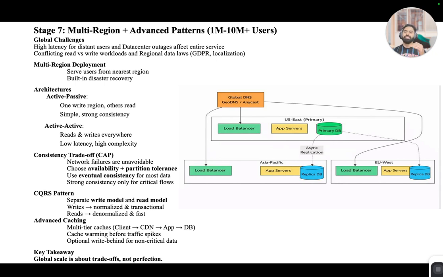When your app reaches millions of users, scale is no longer about servers. It is about geography. So what breaks at global scale? At this stage, your users are everywhere, and new problems appear. A user in Australia waits 300 milliseconds to reach a US server.